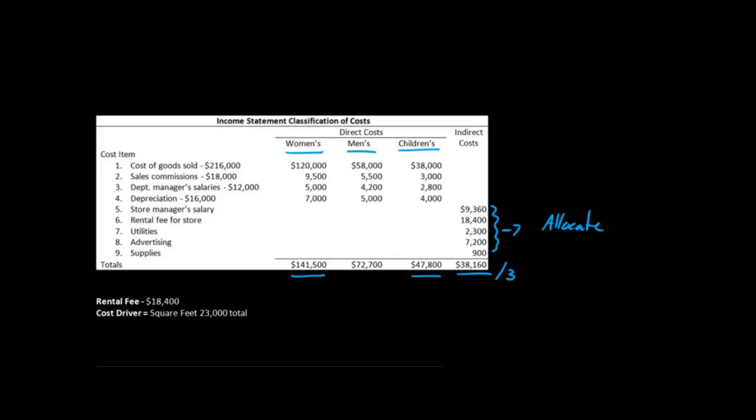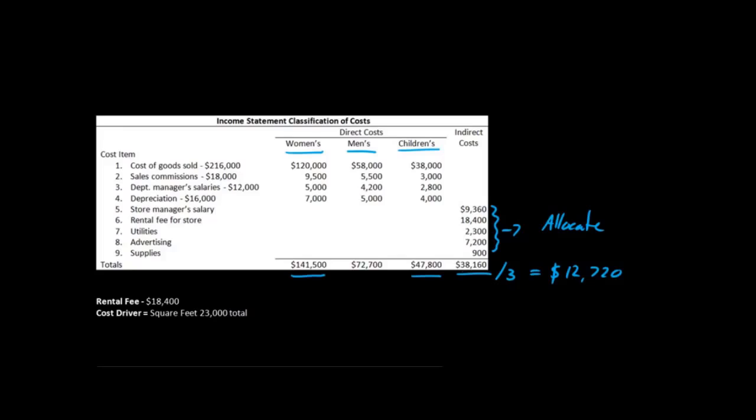So the women's department may just say, hey, let's just take this indirect cost of $38,160 and divide it by the three departments. Each department will take $12,720, so allocate $12,720 to each department. That is what the manager of the women's department may say.